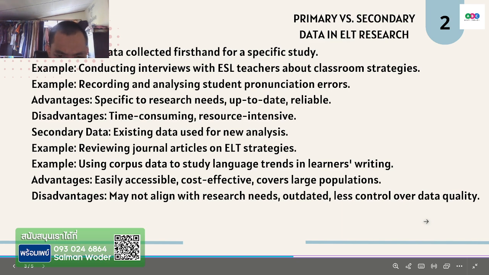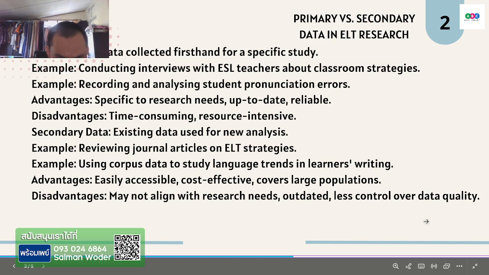And secondary data is like using existing information. It was collected for a different purpose but can be analyzed to answer your research question. The advantages of secondary data include its accessibility, cost effectiveness, and the possibility of analyzing large data sets.